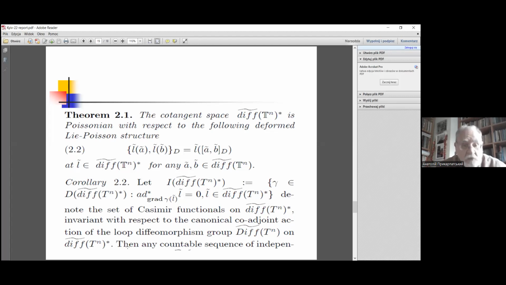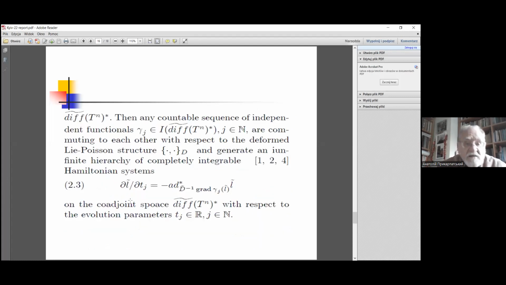to the diffeomorphism group. Yet we have constructed the deformed Lie bracket, Lie-Poisson structure, with respect to which, in general, Casimir functions should not commute to each other.